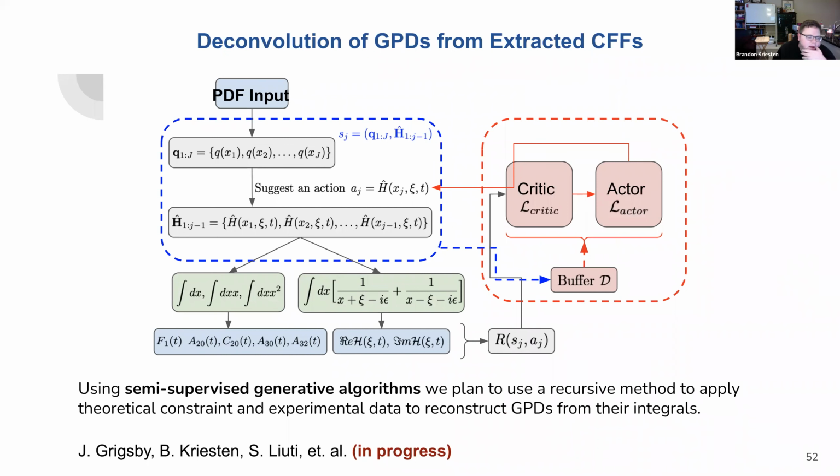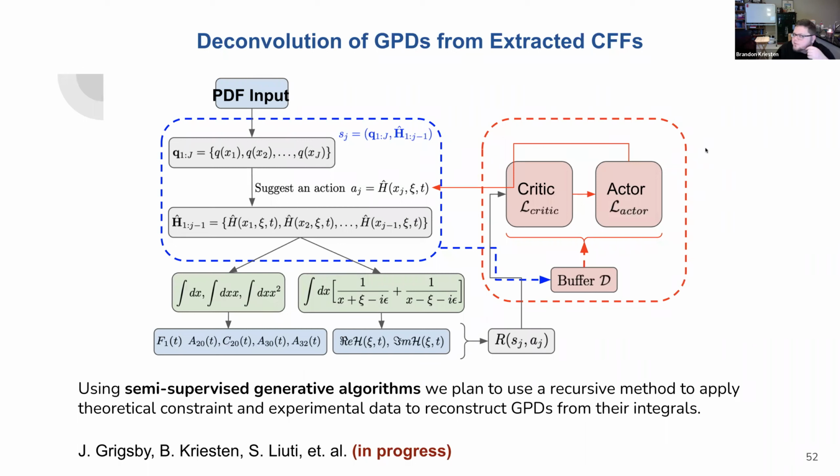So this is a neural network architecture that we plan to use, which is a semi-supervised generative algorithm that recursively applies, for instance, a combination of theoretical constraints, experimental data, and lattice QCD calculated moments, in order to reconstruct the GPD point by point.